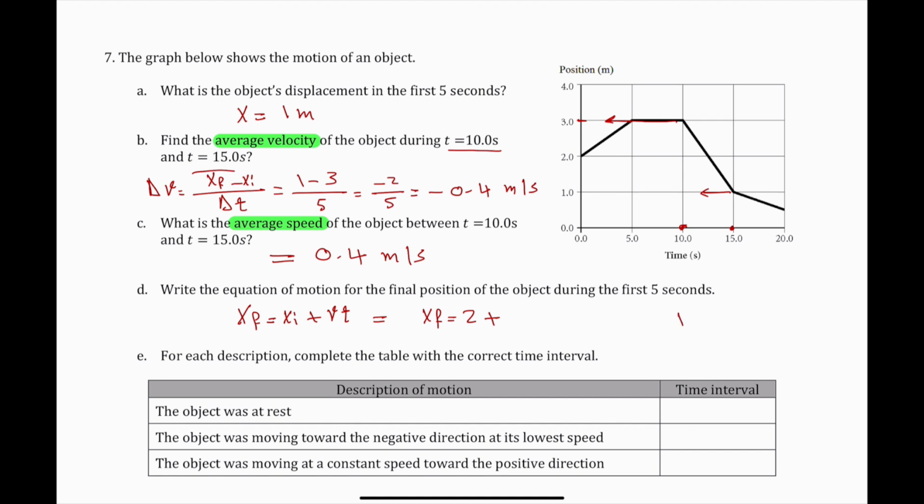Here v equals final minus initial position, so the initial position is 2 and the final is 3, so 3 minus 2, which is 1, over 5, which is 0.2 meters per second. So we put 0.2 and multiply by t.